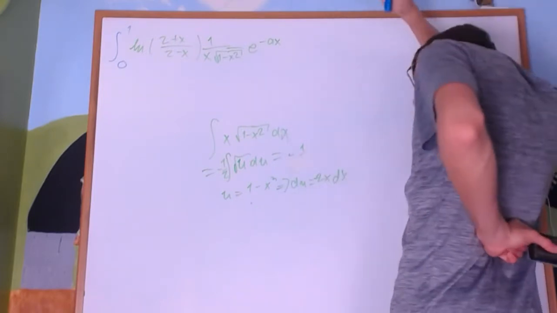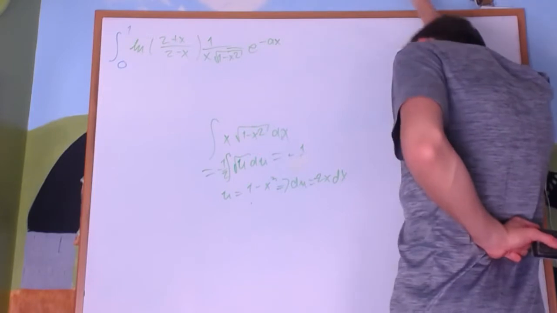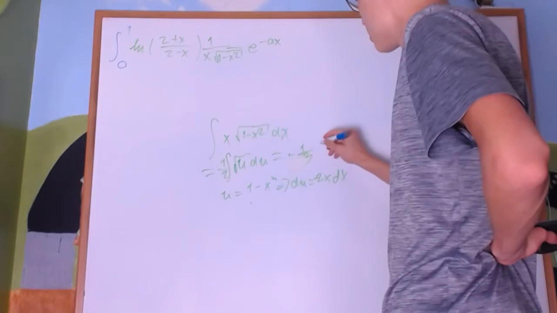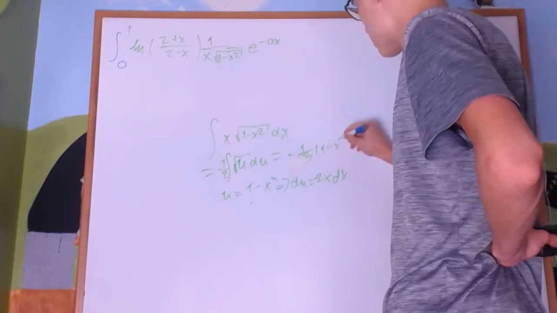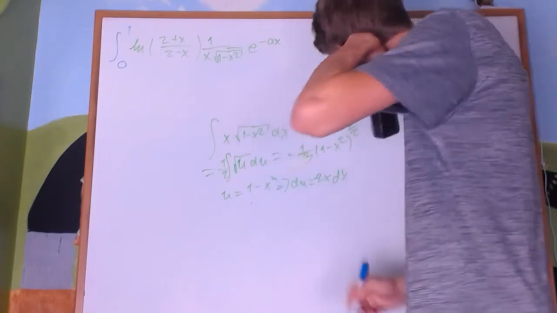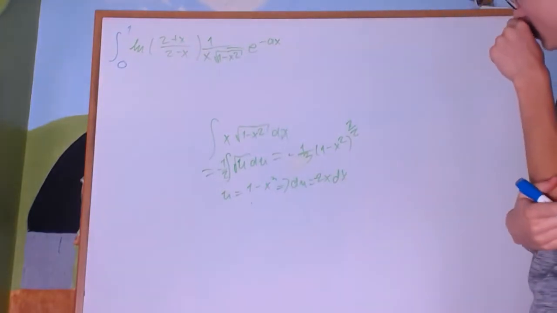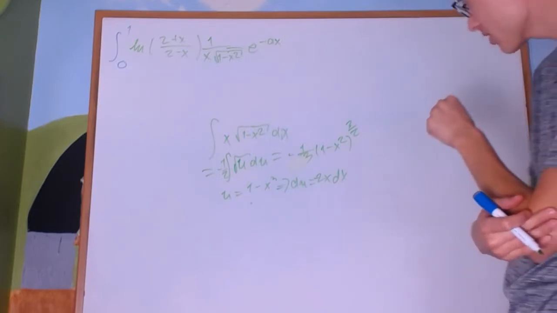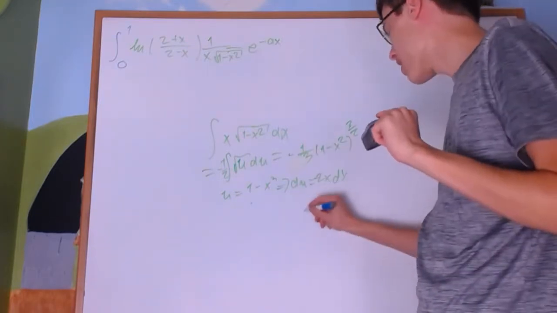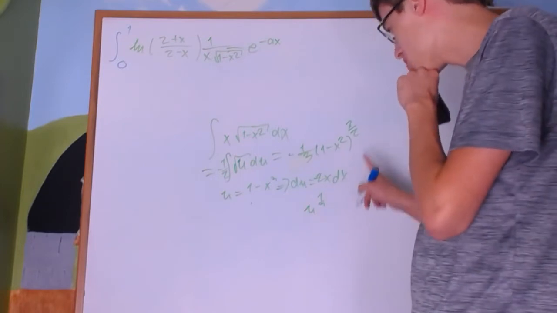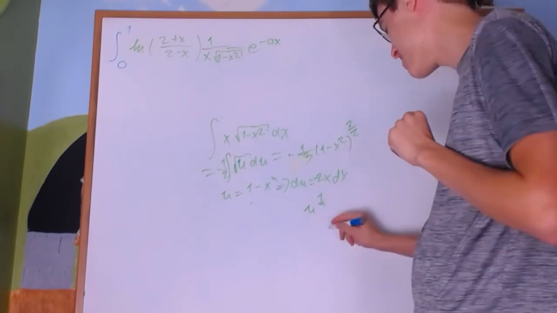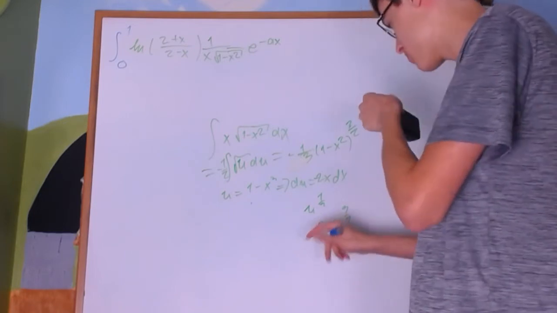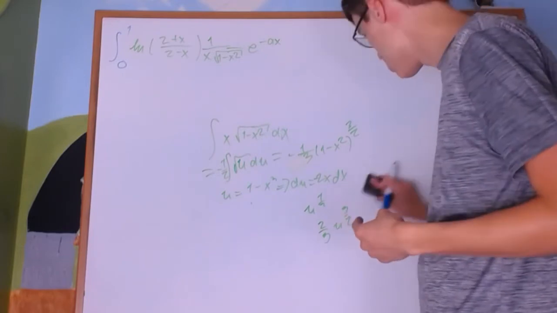So it's to the power of a half, you add 1, then you divide by it, which would give you negative a third, 1 minus x squared to the 3/2. Is that it? Oh my god, I forgot how to do integrals. Negative 1/2, u to the 1/2, add 1, 3/2 on the top, divide by it, 2/3, u to the 3/2, multiply it by negative a half, get negative a third. U is that, yeah.